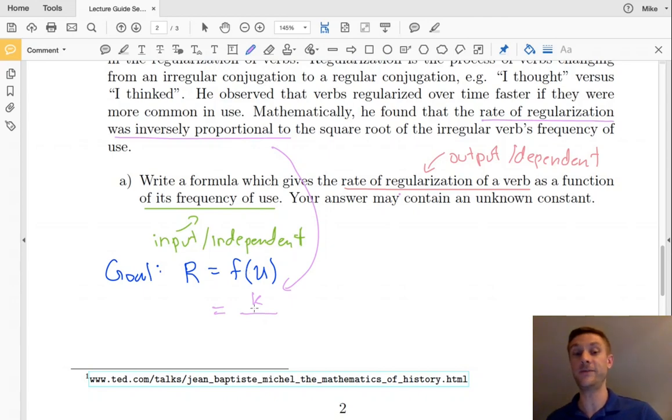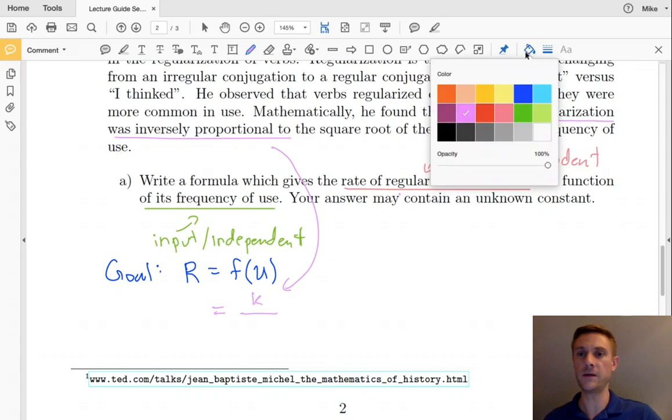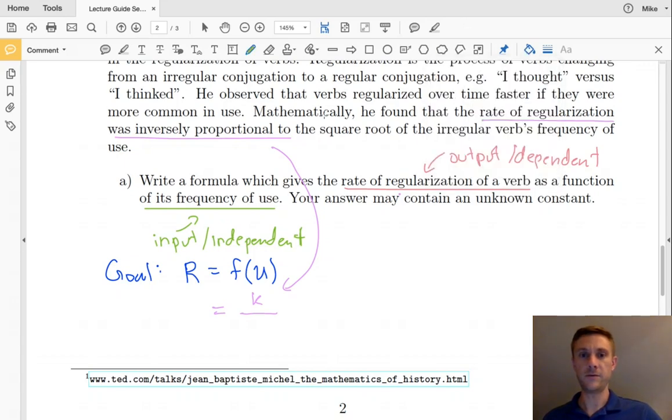It's this constant divided by something interesting. And then the rest of the sentence says the square root of the irregular verb's frequency of use. Yikes. Also a mouthful. But it's a familiar mouthful because it's the exact same expression that appeared down here. Frequency of a verb's use, frequency of use. So we've got the square root of the verb's frequency of use. Wonderful.